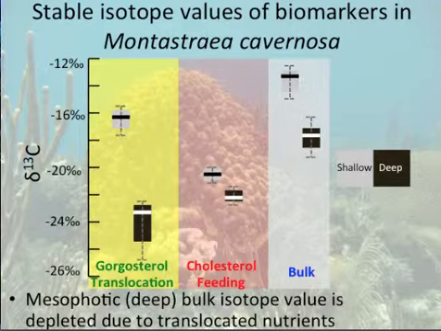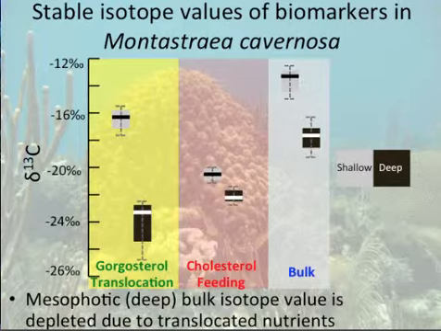So when an organism incorporates a nutrient, its stable carbon isotope value takes on the value of that nutrient. And so the carbon isotope value for the bulk of an organism is basically a weighted average of all of the isotopes that is consumed.